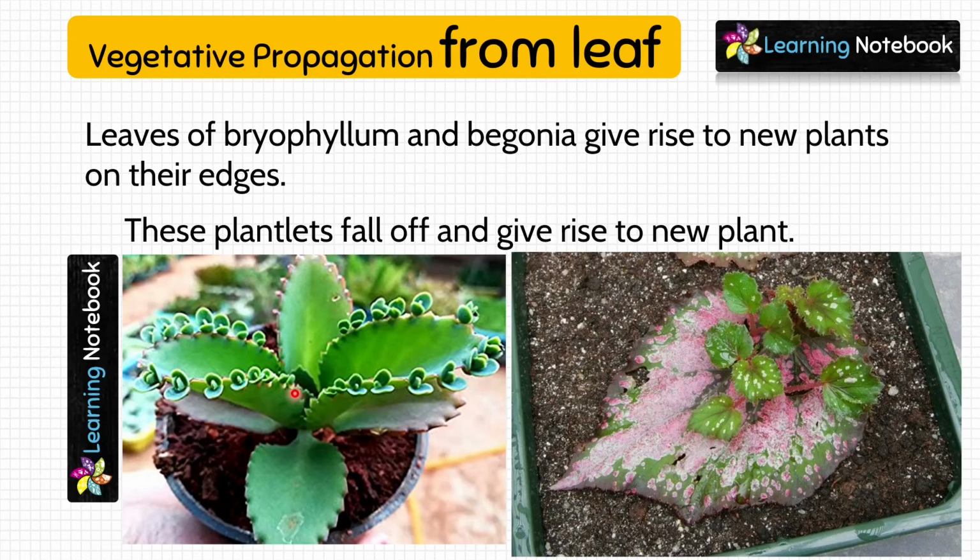And you can see that new plants are growing on the edges of its leaves. Now these plantlets will fall off and they will give rise to new plant. And same for here, begonia also. Same thing happens. So this was vegetative propagation from leaves.